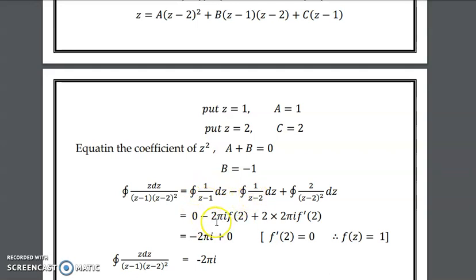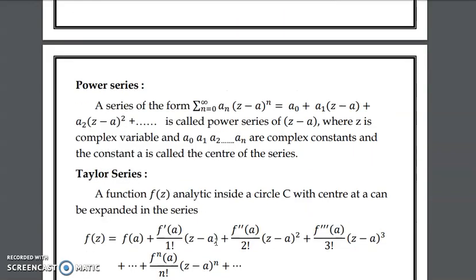Inside, the value is minus 2 pi i times f(2) plus 2 times 2 pi i times f'(2). So f'(2) equals 0, and f(z) is equal to 1. Substituting that, we get minus 2 pi i, and the last term is 0. That is, the final answer is minus 2 pi i.